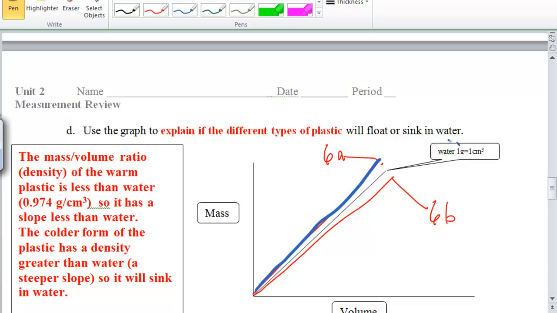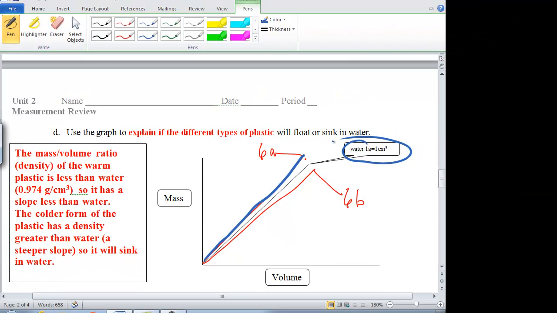Remember, the density of water here is 1 gram per 1 centimeter cubed. And so this is actually the cold plastic right here, and it sinks because its density is greater than water. So we draw that slope, which is greater than water, above the slope for the water.